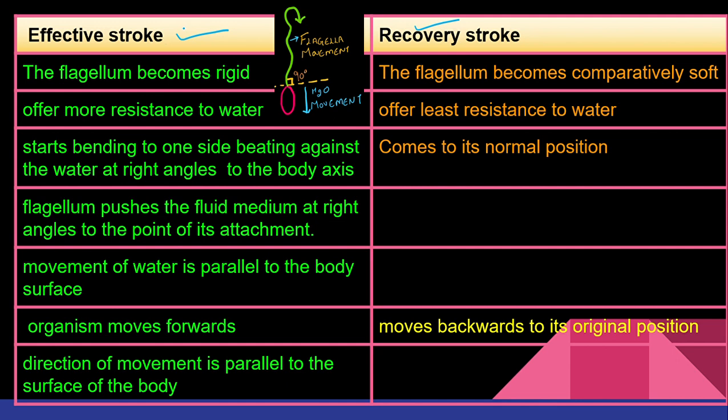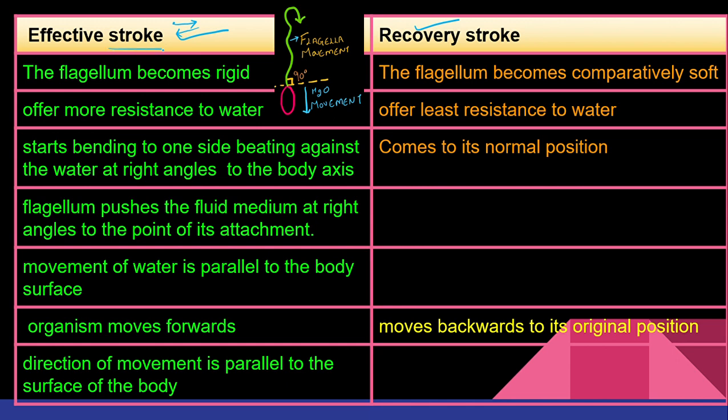For example, suppose a bowler is throwing a ball to the cricketer, a batsman, okay? So the batsman is in his effective stage and he is going to hit the ball, right? So that is the effective stroke. Now, when the ball is already hit by the batsman, what will happen? Again, the batsman is going to come into the relaxed mode, that is called the recovery stroke.